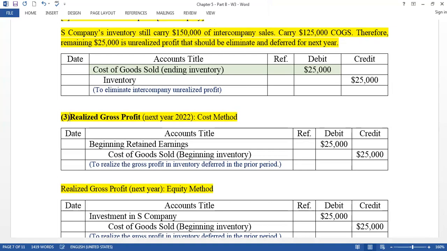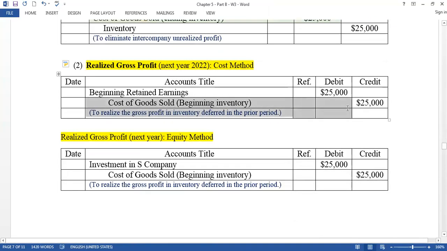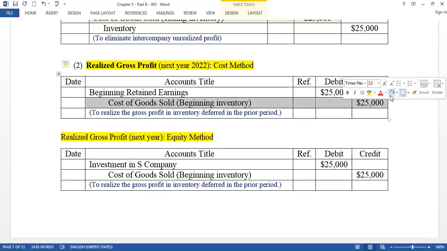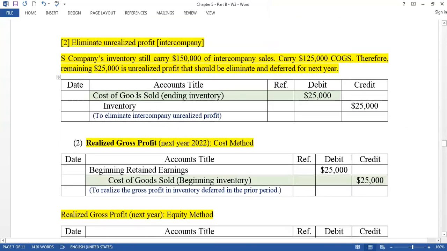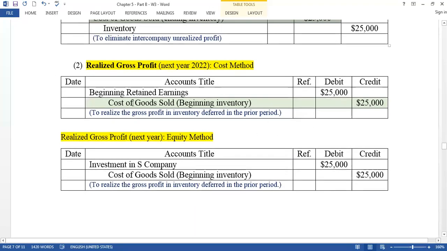In the third journal, you can see that I record cost of goods sold, beginning inventory credit. What is the meaning? Before, when we recorded cost of goods sold debit, it means that profit closed. Now we sell it and we record cost of goods sold, beginning inventory credit. It means that this money is added back. Now we transfer this money to our retained earnings.